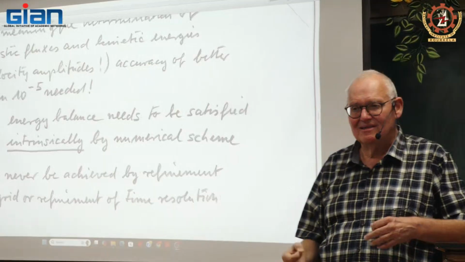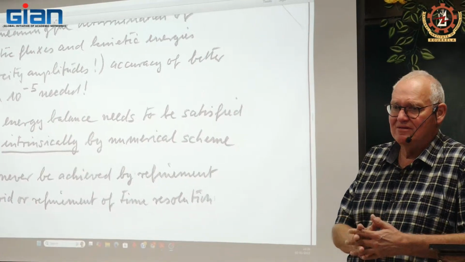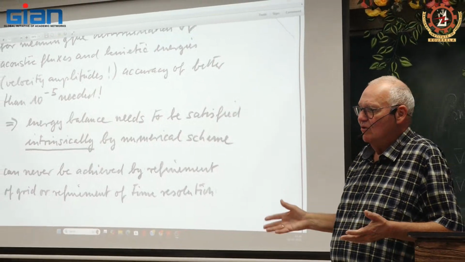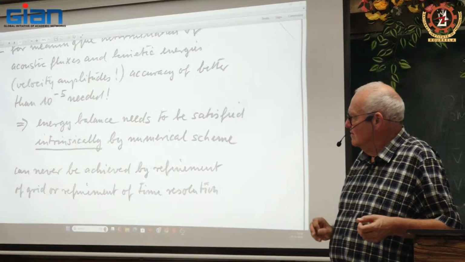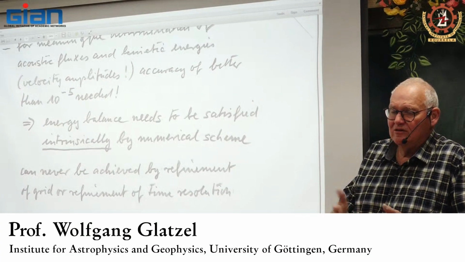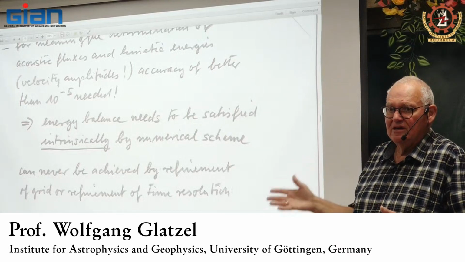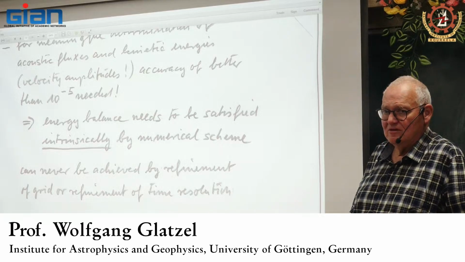The numerical scheme has to satisfy the energy balance intrinsically. This is called a conservative numerical scheme, and these plots were to demonstrate and to convince you that you actually need such accurate schemes to simulate stellar pulsations.